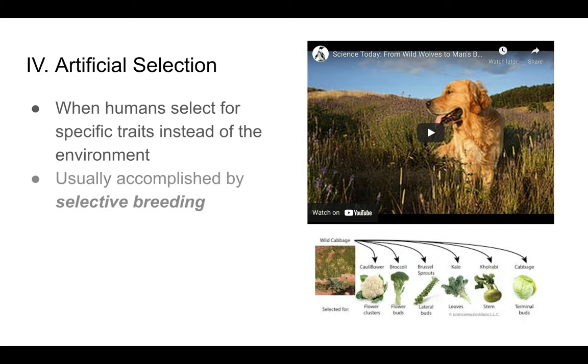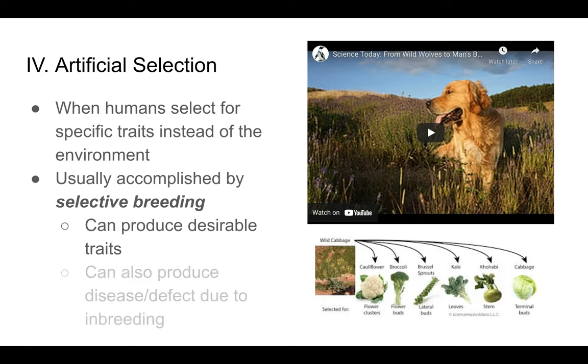So artificial selection is typically accomplished by a process called selective breeding. And ultimately, what we are trying to do in selective breeding is enhance desirable traits by intentionally and selectively breeding various organisms together.